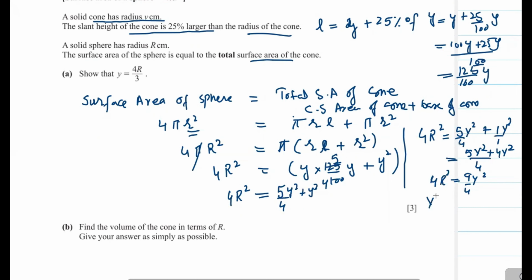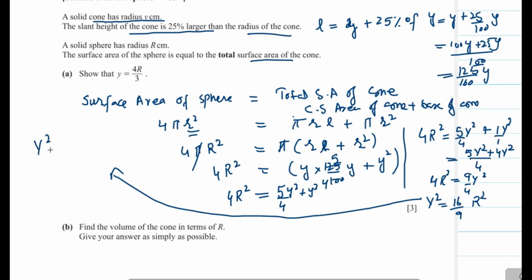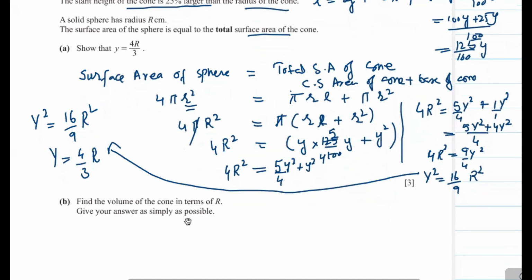Now y square will be equal to 16 over 9 r square. Now we write it here. The y square will be equal to 16 over 9 r square. Then the y will be equal to, we take the square root, 4 over 3 r. Now this is the proof of y equal to 4r over 3.